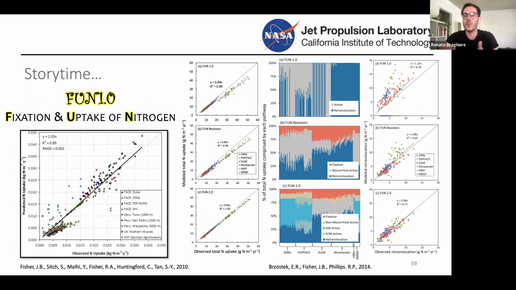So they said we need to differentiate between these 2 in order to get a better agreement with the data that we have. And again, these are all observations. These are sites that the data was fitted for, and they have observed retranslocation. So when they added these new pathways with new costs, they were able to get a better agreement.